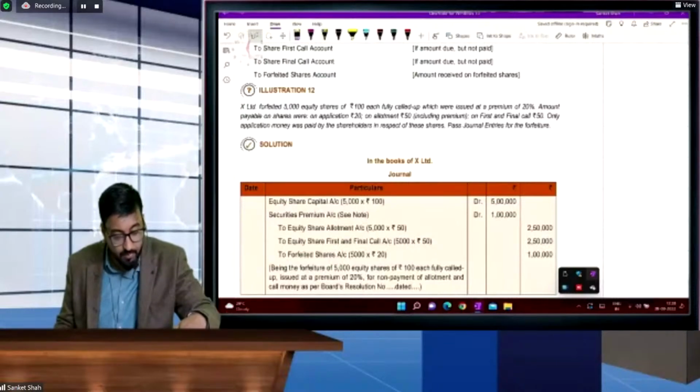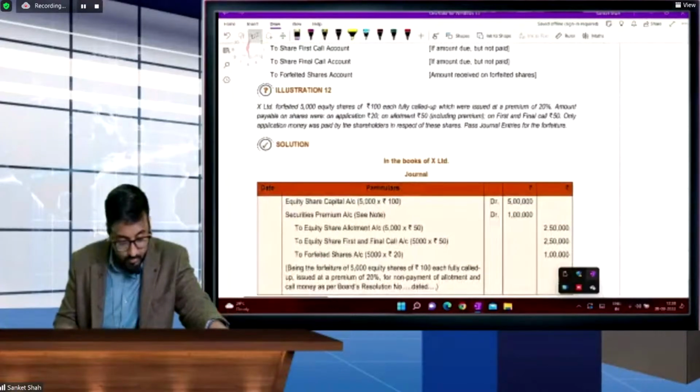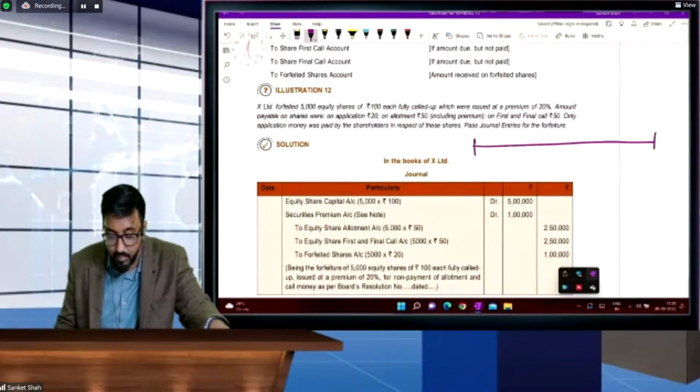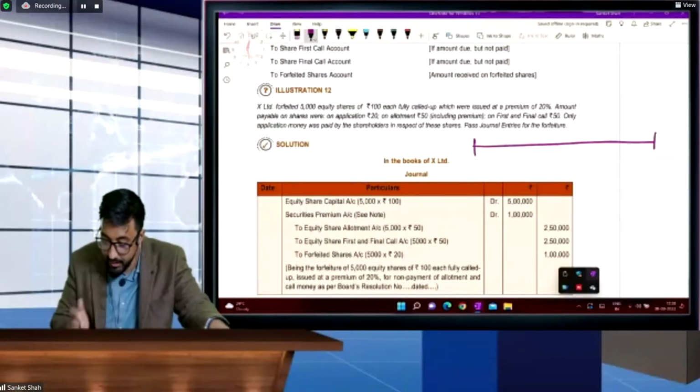Next one, beta Bibu Pandey, please focus. Illustration number 12. X Limited forfeited 5,000 equity shares of 100 each at a premium of 20%.